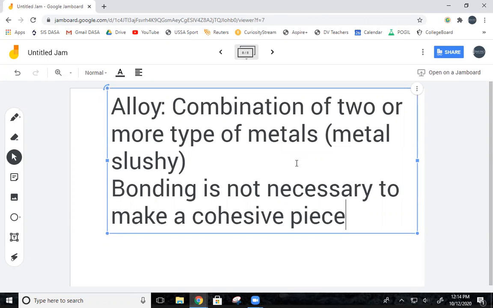Okay. Is it only the metal sludge? Well, kind of. You can't really tell. So we're going to learn about the two basic types of alloys. Okay? The two basic types of alloys.